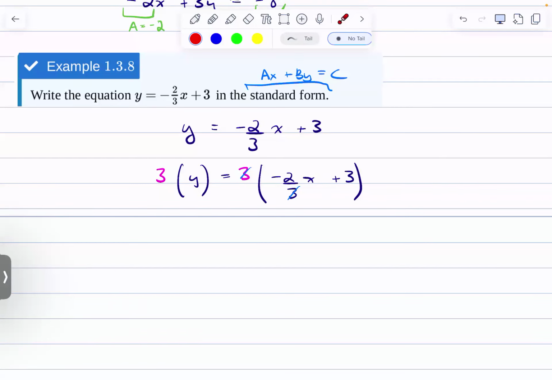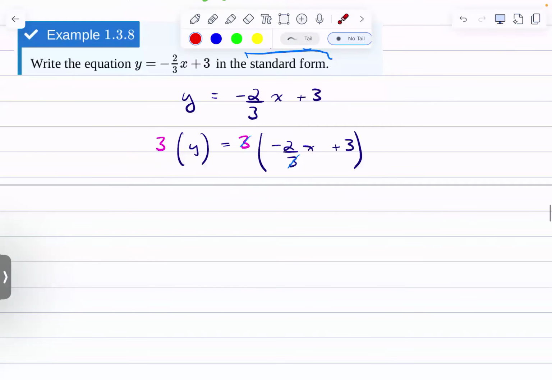If the denominator were like 5 or something, you'd do the same with 5. That's right. Yeah, whatever. It's weird because I feel like they've all been 3 or pretty much all of them. That's not always true. But yeah, whatever is in the bottom, whatever you want to get rid of, use that. Right. Nice. Yeah, I was starting to feel like it was always 3. That's not always the case. But we get 3y is equal to -2x plus 3 times 3 is 9.